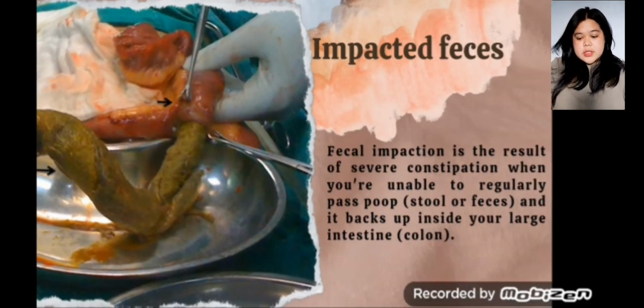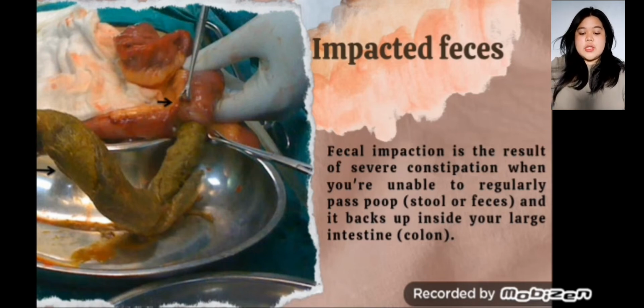Next is the impacted feces. Fecal impaction is the result of severe constipation, when you are unable to regularly pass poop, stool, or feces, and it backs up inside your large intestine or the colon.